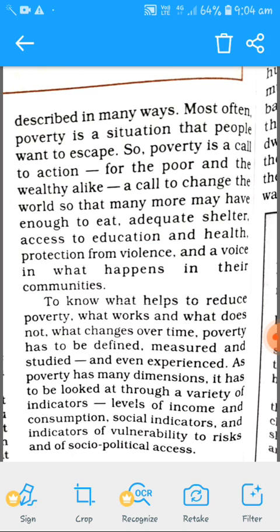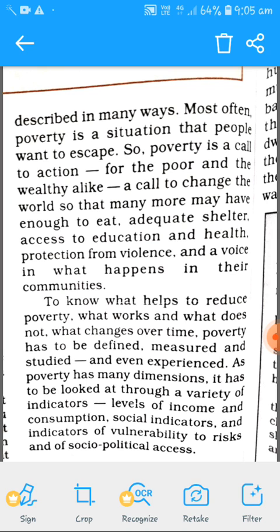Okay, so what we have to know about poverty is what works. ठीक है ना? What helps to reduce poverty, what are the things that help in reducing poverty, what works and what does not. So we have to identify all those factors, and we have to follow policies which are actually removing poverty.